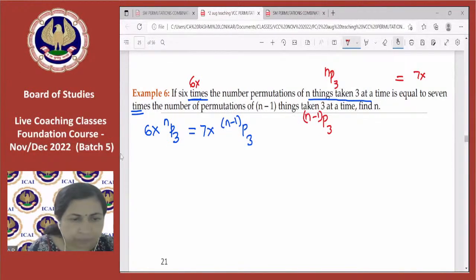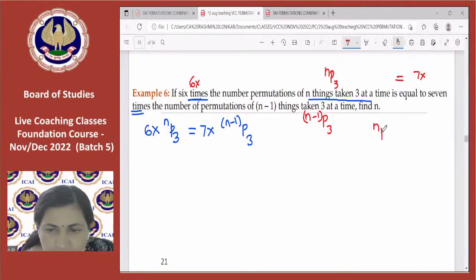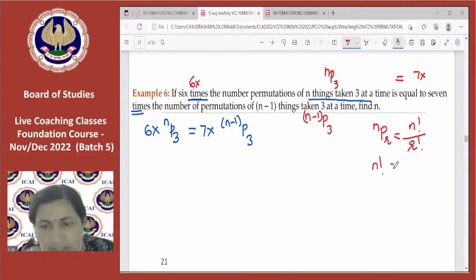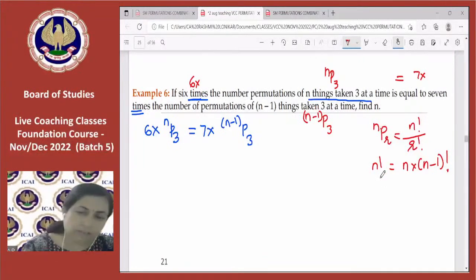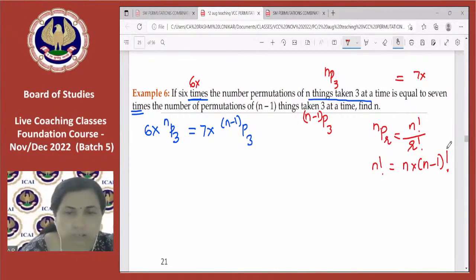Now we want to solve this sum. nPr is n factorial upon (n minus r) factorial. And n factorial can be written as n into (n minus 1) factorial, from the larger number down to the smaller number.